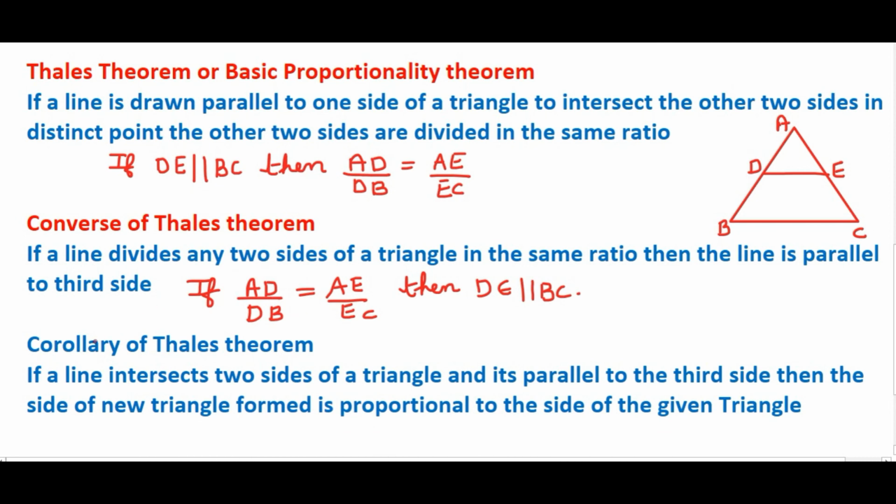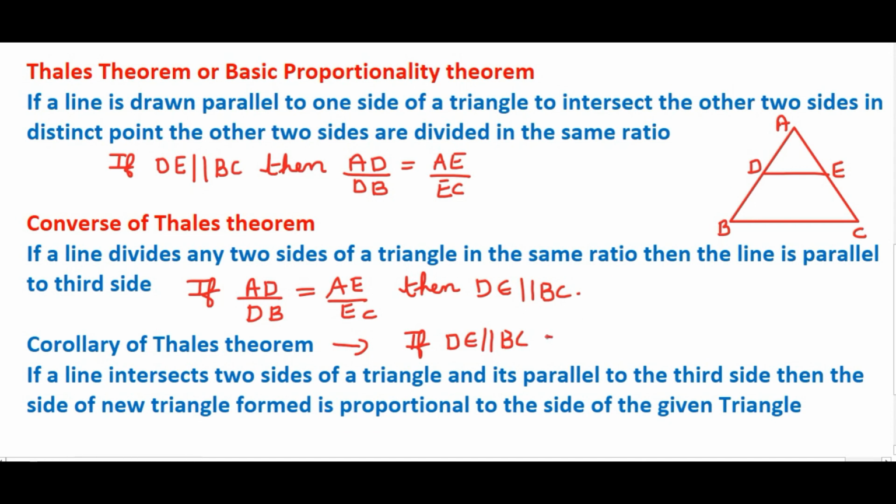And one more result we can derive from Thales' theorem, that is the corollary of Thales' theorem. It says that if a line intersects two sides of a triangle and it is parallel to the third side, then the sides of the new triangle formed are proportional to the sides of the given triangle. So the corollary: if DE is parallel to BC, we can see a new triangle is formed, that is ADE.